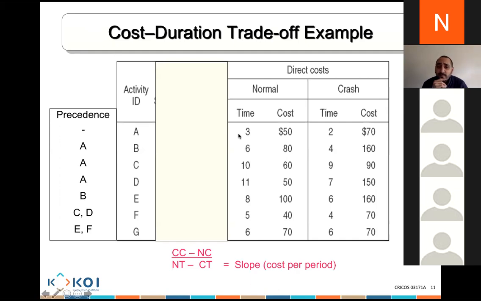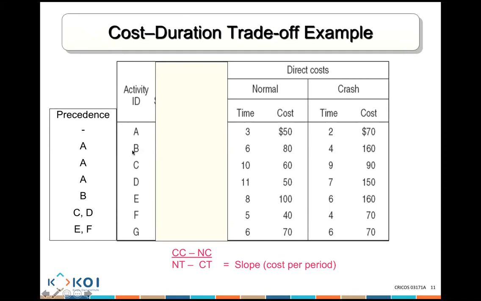Yes, sir. Now the requirement is that you calculate B, C, D, E, F, and G yourself. It's crash cost minus normal cost divided by normal time minus crash time. Do it now.